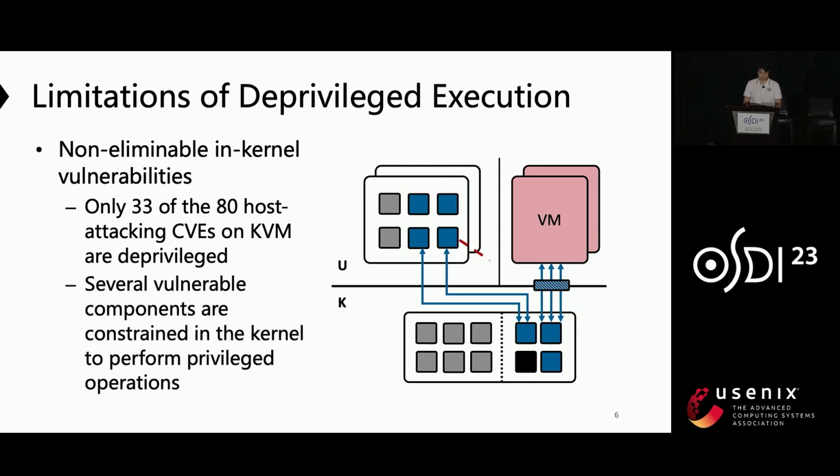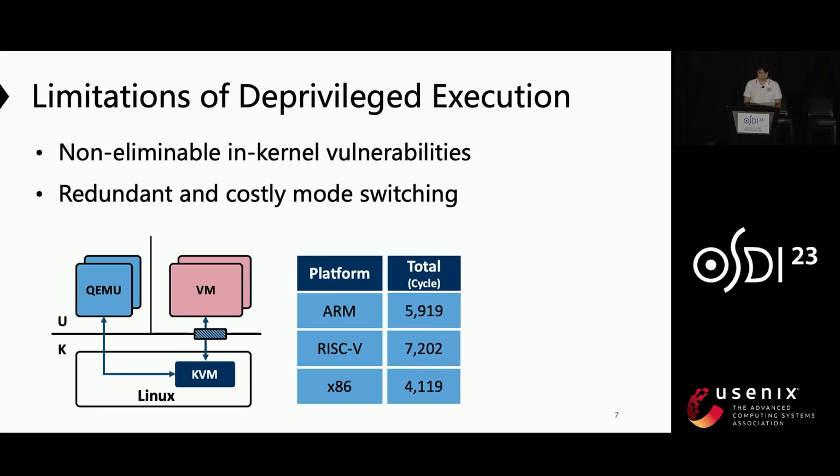This is because the in-kernel components they left must perform some privileged operations to work, so they cannot be moved to the user mode. On the other hand, moving most of the kernel components to user space will result in more expensive mode switchings. This table shows the overhead of an MMIO read operation in QEMU KVM on different architectures.